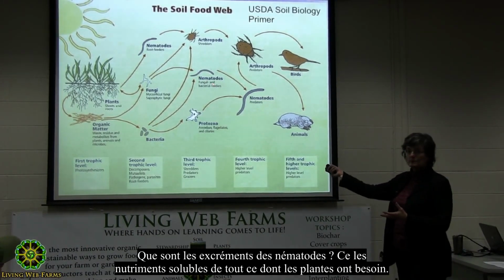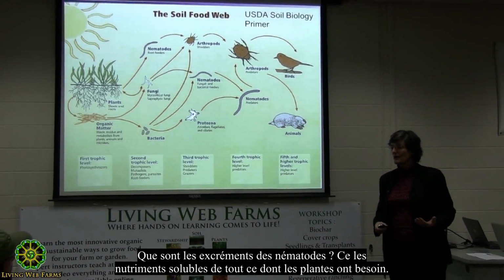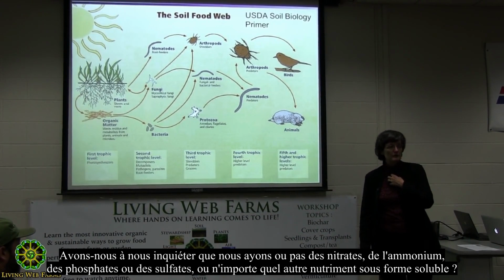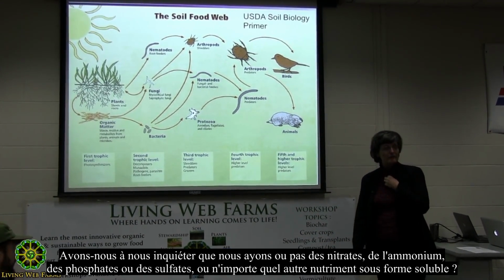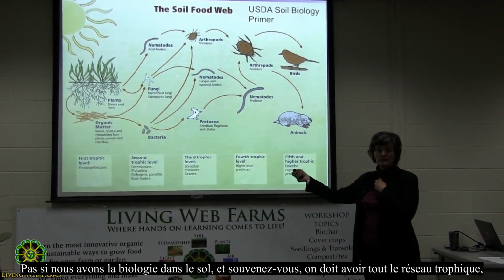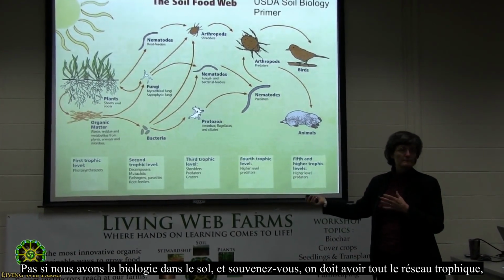What's nematode poop? It's the soluble nutrients of everything your plant requires. Do we have to be fussing about whether we got nitrate or ammonium or phosphate or sulfate or any of the soluble plant available nutrients? Not if we got the biology in our soil. But please remember, it's got to be the whole food web.